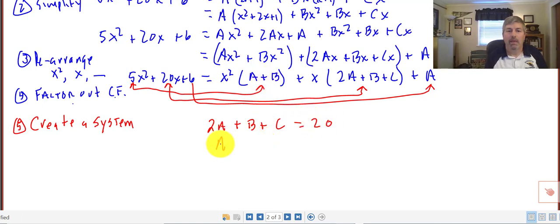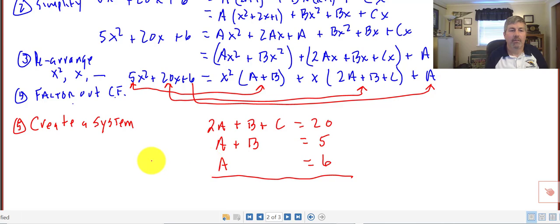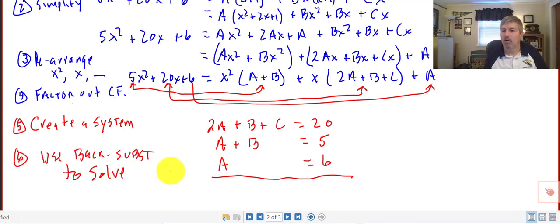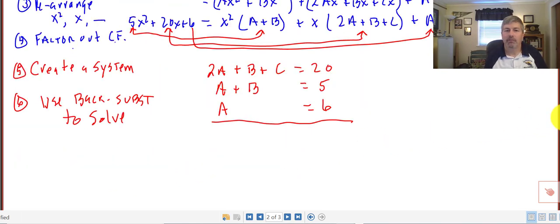And then a plus b equals 5. And finally, a equals 6. So this is a little bit backwards from what we've seen before, but I can do back substitution here simply to solve my system. While I was writing that, you probably solved the system already.